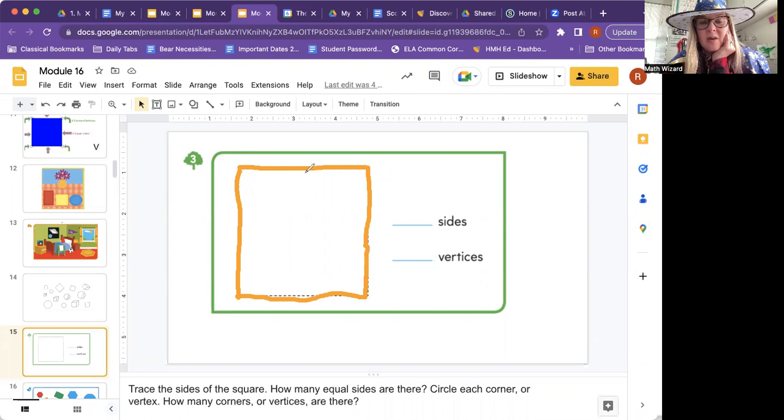How many equal sides are there? 1, 2, 3, 4. Here's that big word. How many vertices are there? Let's circle to see. Do you remember what vertices are? They're corners. 1, 2, 3, 4 vertices. All right. Go ahead and write those numbers on the line, and you can pause this while you do that.